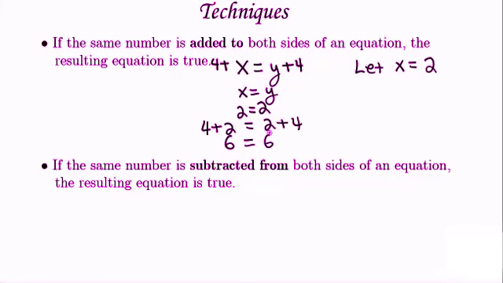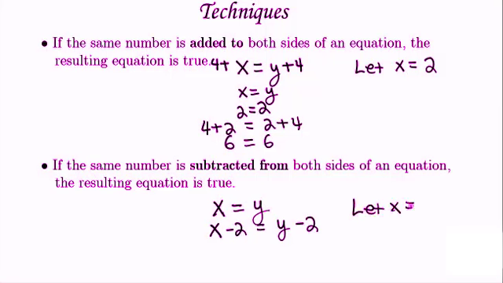But what's important is you need to make sure that you add to both sides and not just one side. Okay, this works the same for subtraction. Same idea. If I have an equation x equals y, and then I subtract, say, 2 from both sides, the equation is still true. You could again try it with numbers.